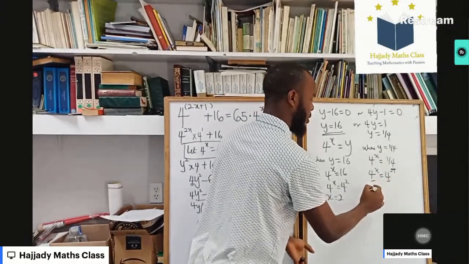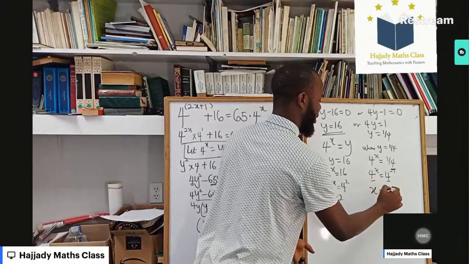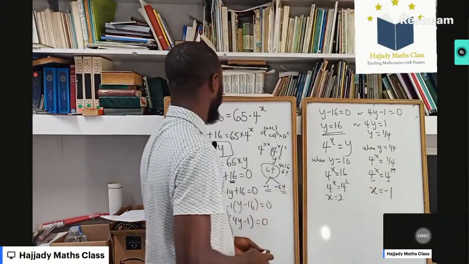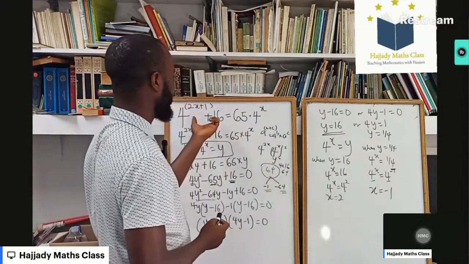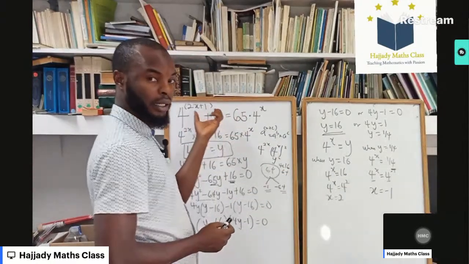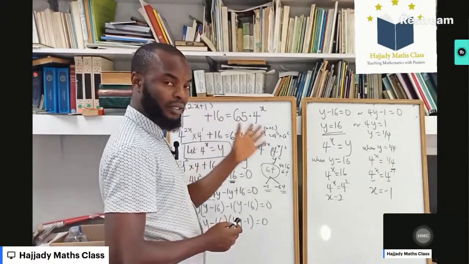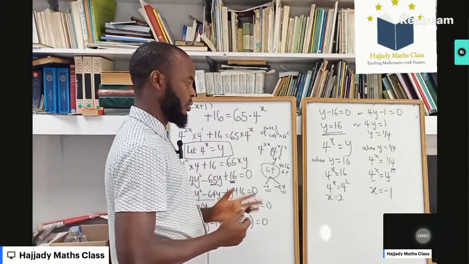Since the bases are equal, then x equals -1. So looking at this, you can plug in these two values into this original equation. You're going to get that the left-hand side and the right-hand side are equal.